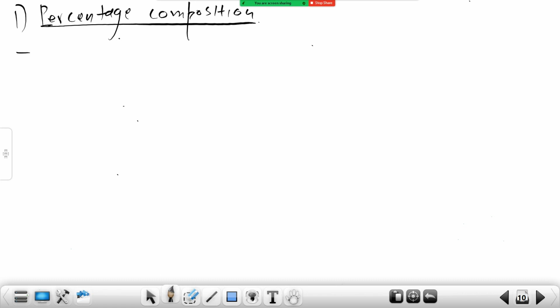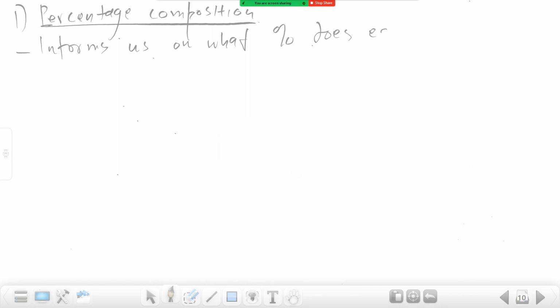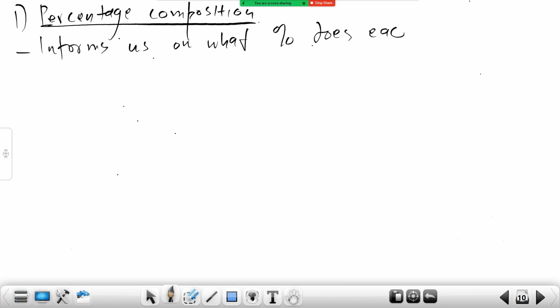Basically, percentage composition informs us on what percentage each element consists of in terms of the arrangement of the atoms.